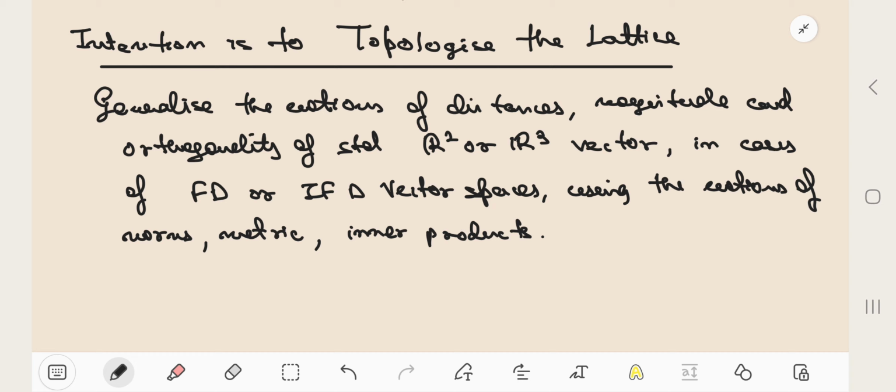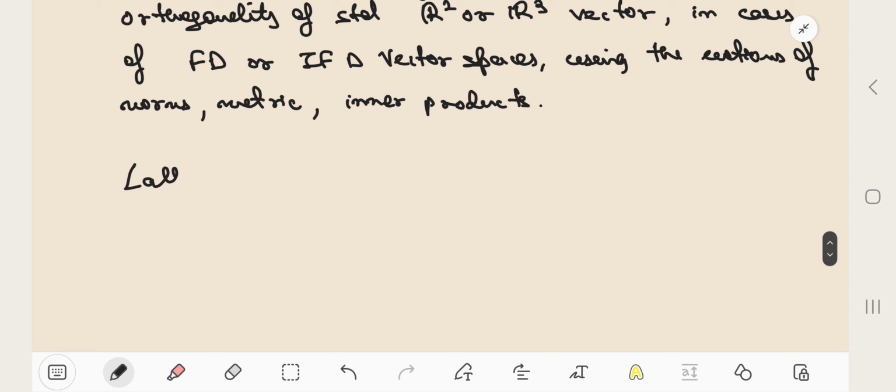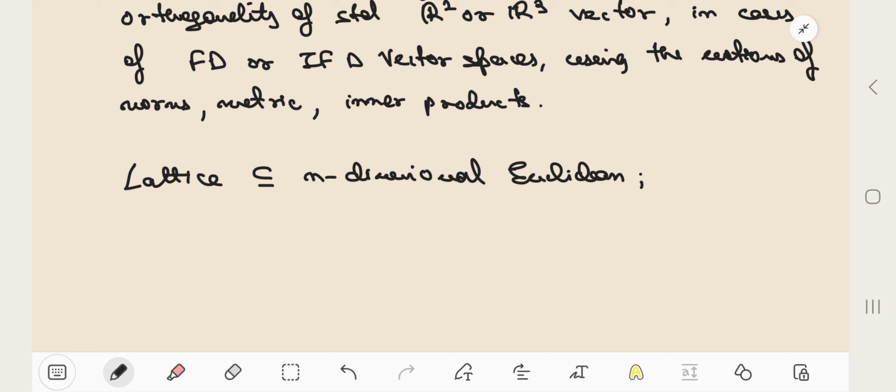So now the concept of lattice precisely lies inside the n dimensional Euclidean space. And if you have studied advanced real analysis or the concept of metric spaces or topological spaces, then we know that an n dimensional Euclidean space is a well defined metric space. What do I mean by metric space? Arbitrarily, a metric space is a certain vector space or topological space where we have the generalized notion of distance between two vectors.